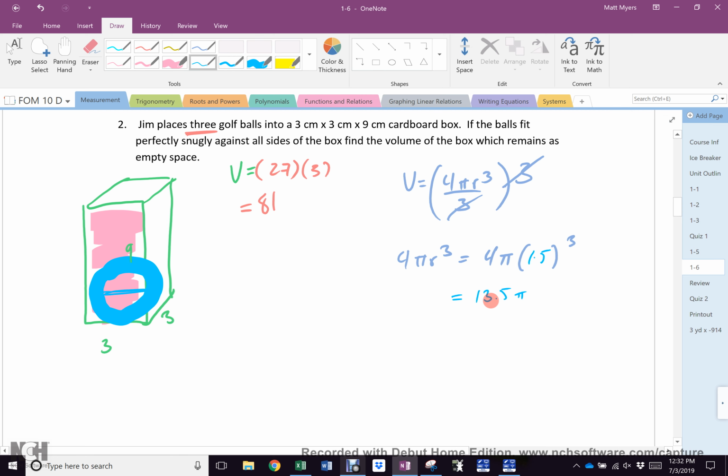What do I care about? What am I trying to get rid of when I'm packaging things? I'm trying to get rid of empty space, right? So I need to find out if my empty space here is as small as it could be. So if the box is 81 and the golf balls are 13.5 pi, how do I find out the empty space? Do 13.5 times pi and subtract it. Right, it's subtraction. It's 81 minus 13.5 pi.